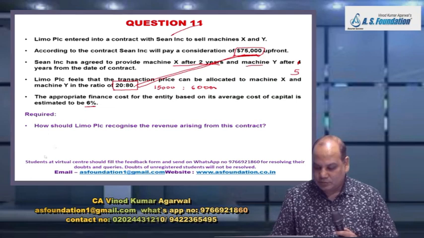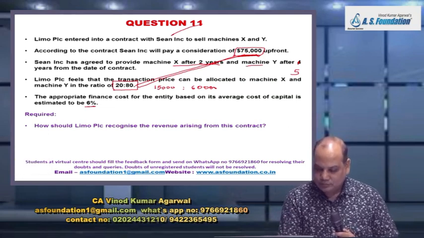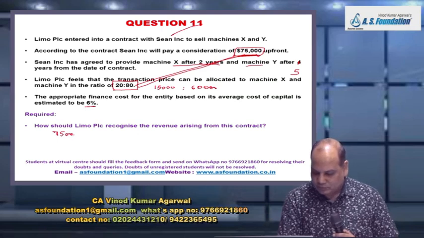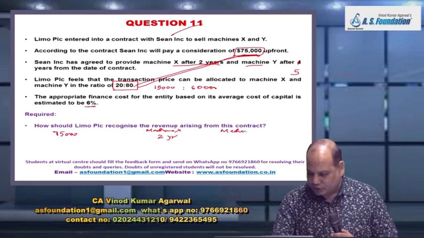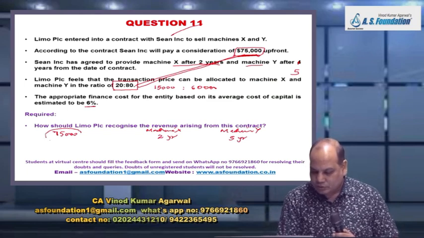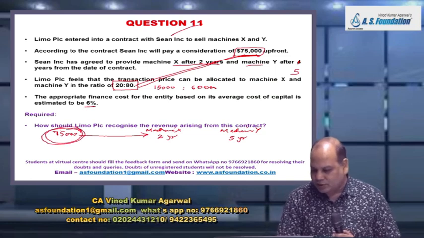In this example, we are getting the advance. Okay, 75,000. Machine X will be supplied after 2 years. Machine Y will be supplied after 5 years. So this amount is paid in advance.